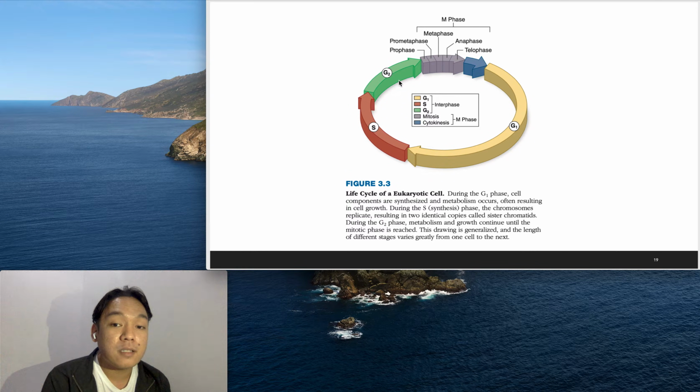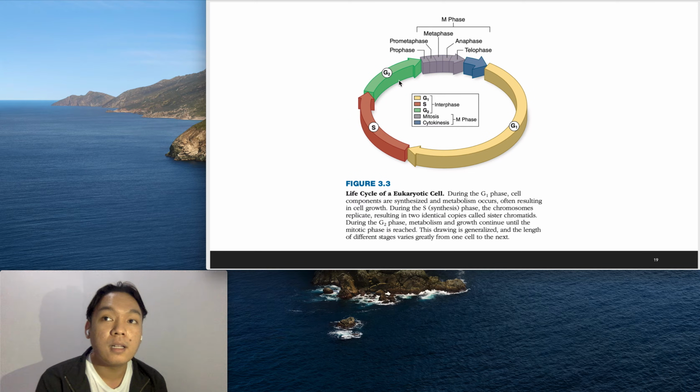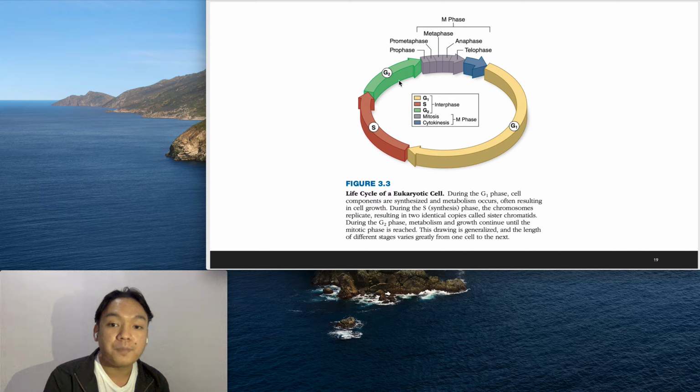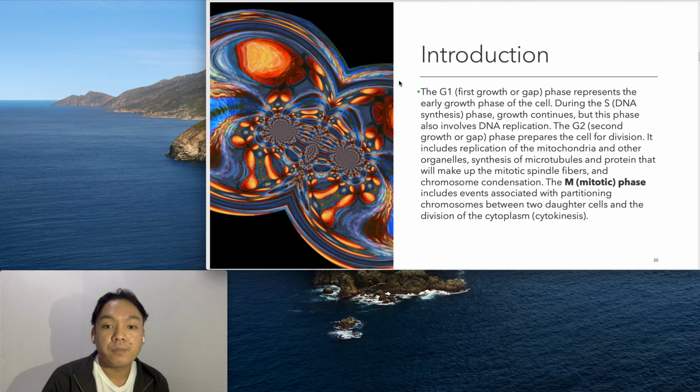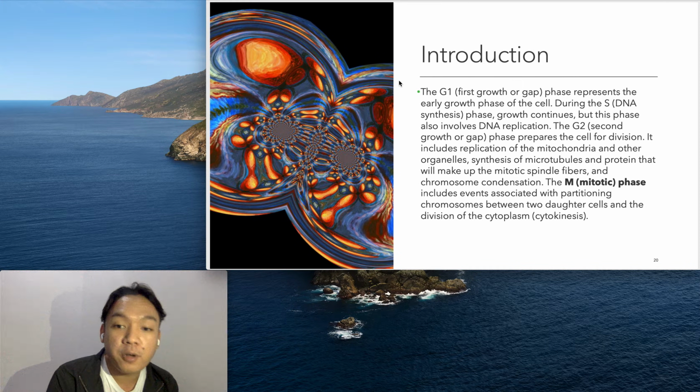The science of cancer is based on this cycle. So there are some abnormalities within the cell, and they are reproducing the abnormal cells. So cancer might occur. That's mutation, technically. So we have the G1 or the first growth, second growth, and the M phase.